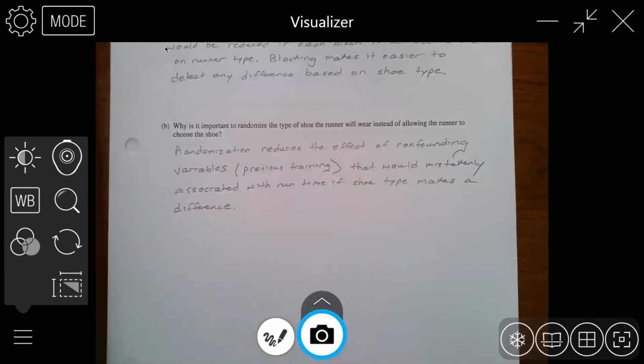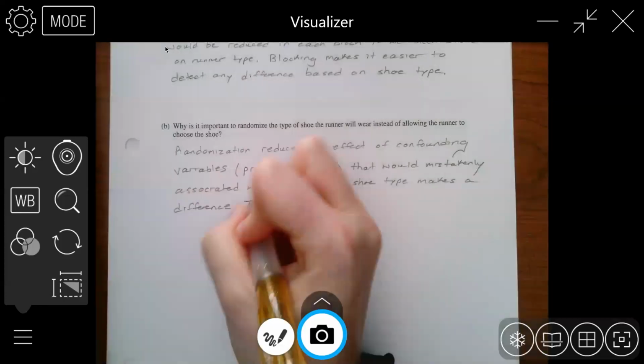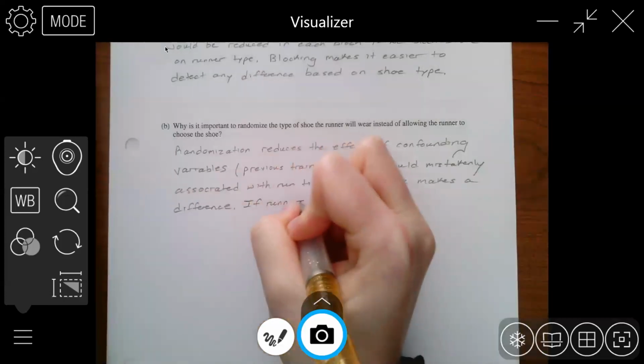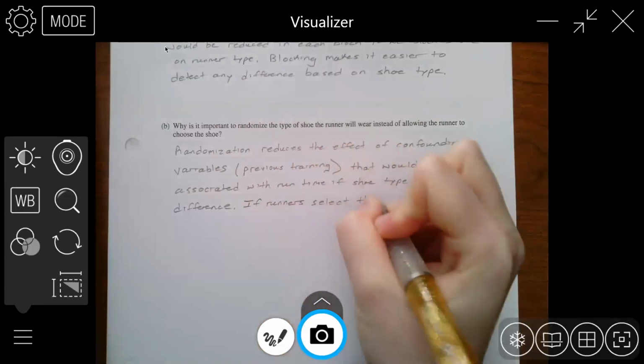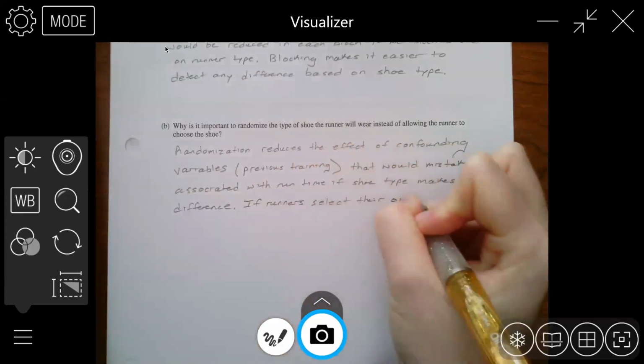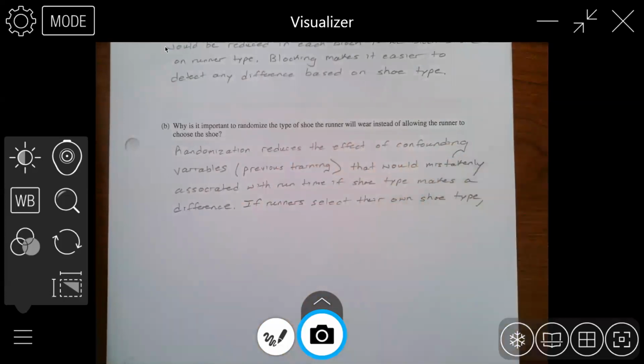So now we want to go into a little bit of a scenario to show the graders we know what we're doing. So let's just make an assumption. Why are we randomizing the shoe and not letting them pick? If runners select their own shoe type, let's think about what could happen.